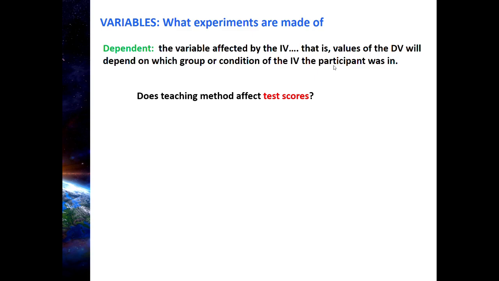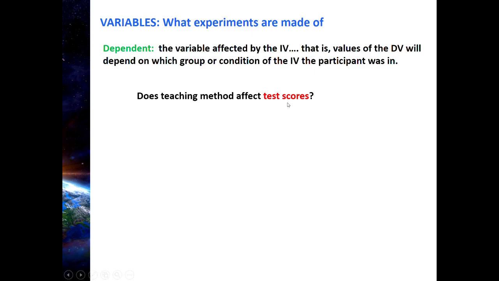So remember that on the previous slide, we identified teaching method as the independent variable because we said we think this is going to have an effect on something. Well, that something is the DV. So here we're saying test scores, whether they're high or low, are going to depend on which teaching method the participant was in. Test scores might be high, for example, in face-to-face, and low in online.